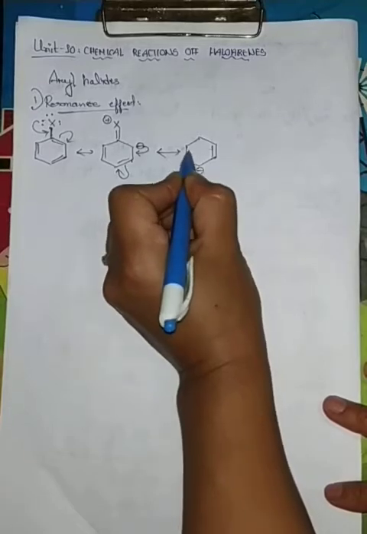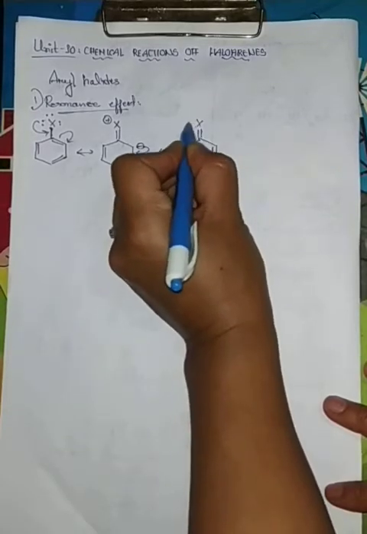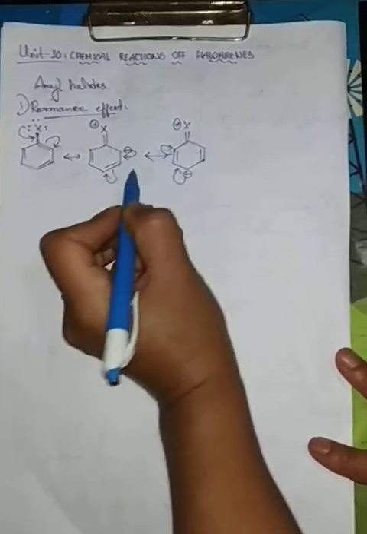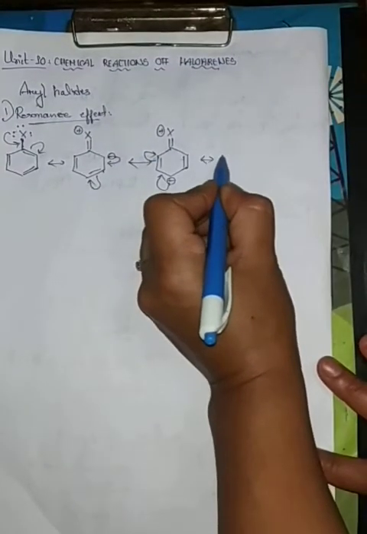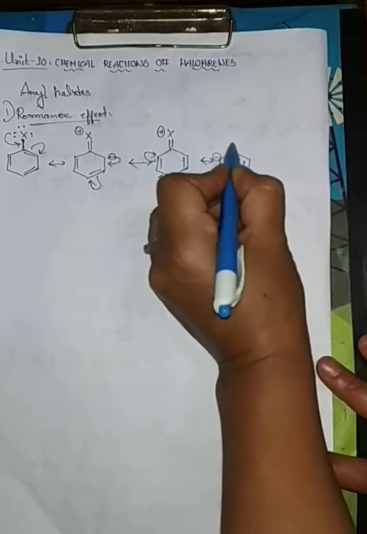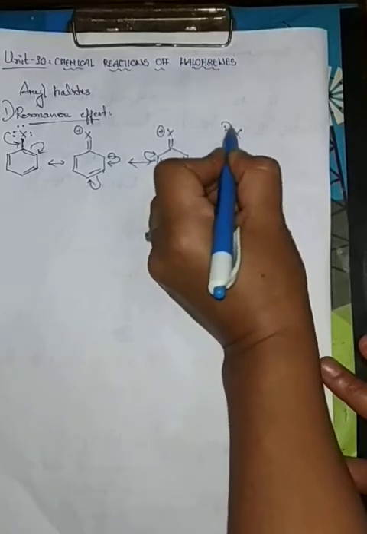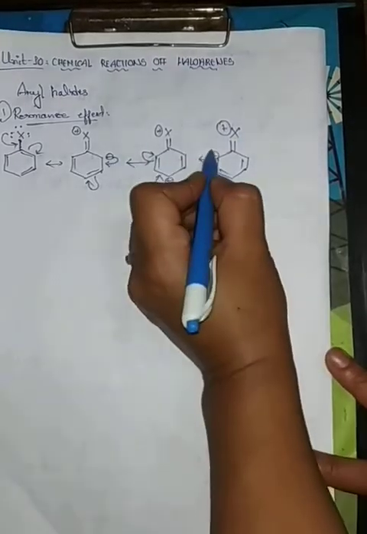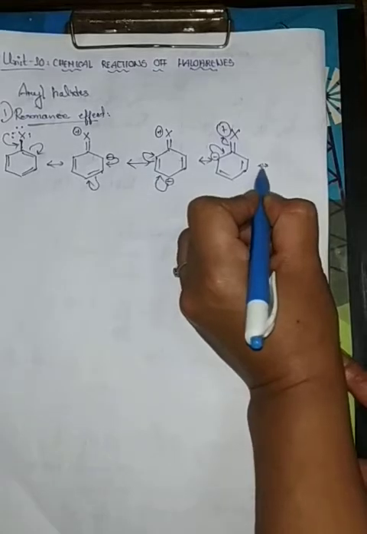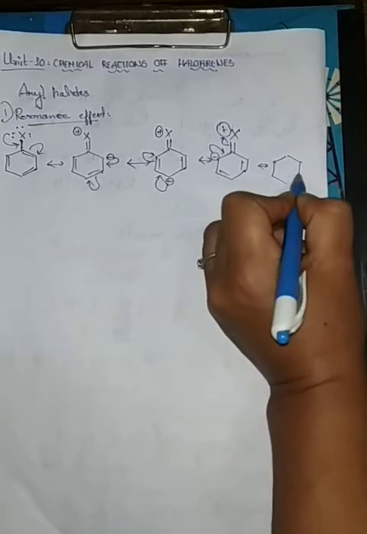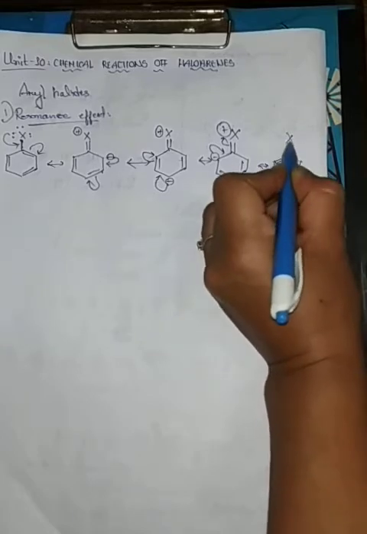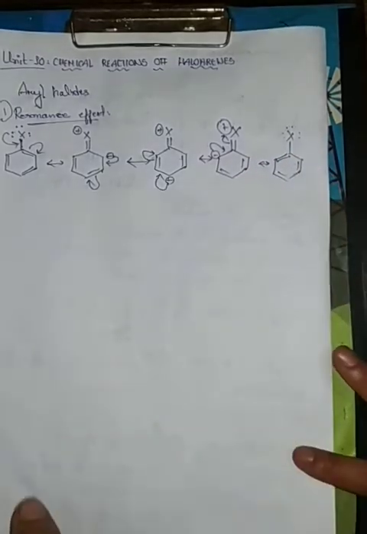Now again, if this electron pair shifts, this one comes here, then we'll get our third resonating structure. Again, if this electron pair shifts here, then we'll get a negative charge here and X with a positive charge. Now if this one goes back, then we'll get our haloarene back with all its 6 electrons.